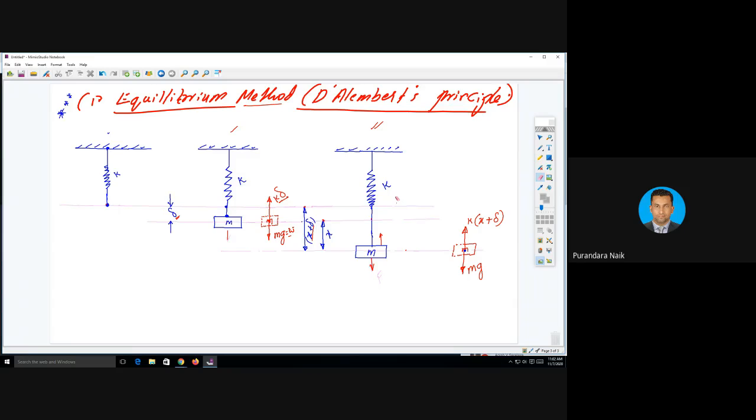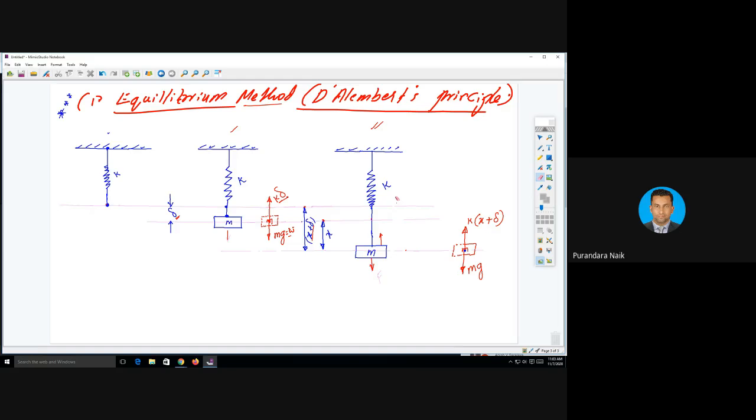Inertial force. If you are moving in a bus and the brake is applied suddenly, you have a mass, and what happens? There is a variation in the velocity, there is an acceleration. Due to that acceleration and the mass of your body, you will move in the forward direction, right? The same concept will be applied here.